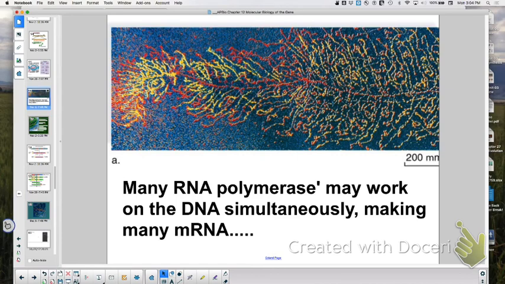You can literally be making some mRNA, and it's dangling off, and you're not even done, and a ribosome can get on it and start translating it immediately. It's good to go. Unlike eukaryotes, where we process it and mature it, and then we allow it to leave the nucleus, and then it goes out and gets on a ribosome on its own. Ask your bio buddy, do you own that?